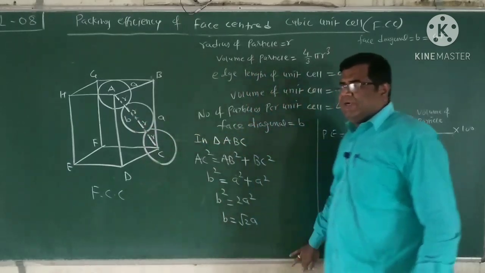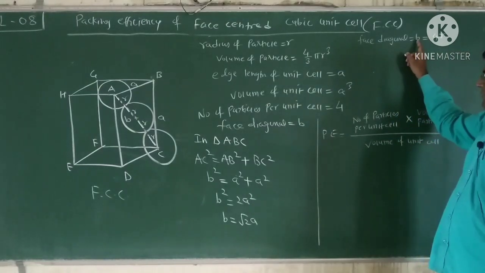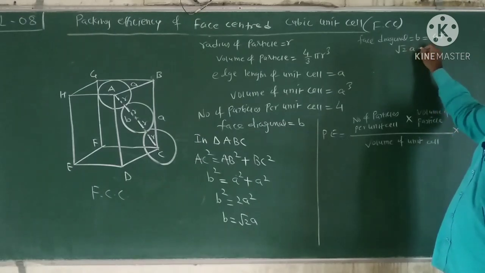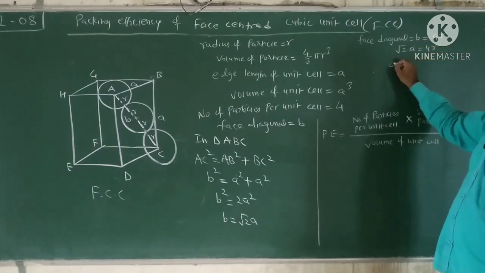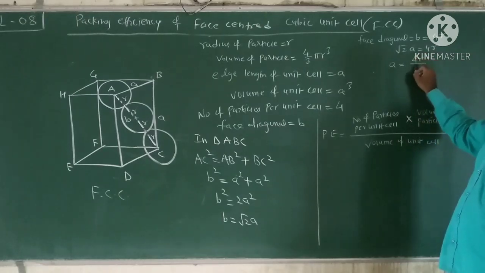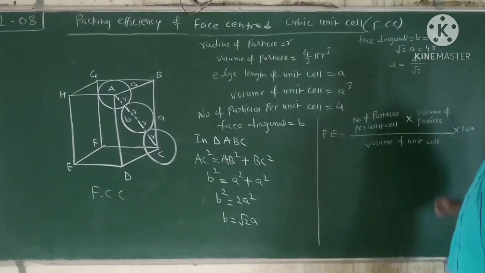So we can write this B value as root 2 A equals 4 times the radius. That's why A equals 4 times the radius divided by square root of 2.